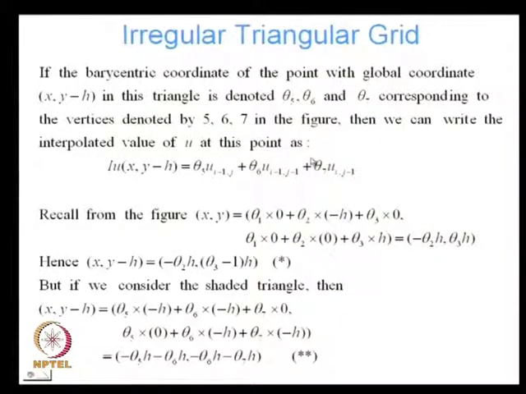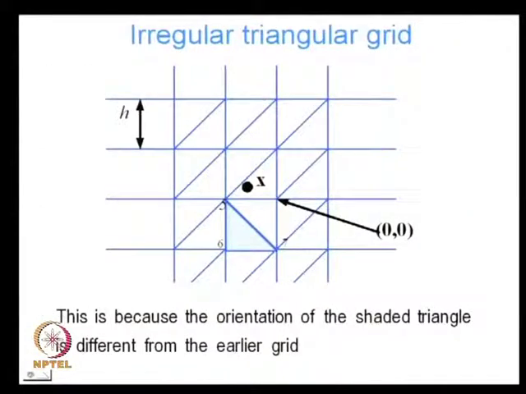If the barycentric coordinate of the point with global coordinate x, y minus h in this triangle is denoted, so what we are saying is that this is the triangle of interest. If we denote these nodes as 5, 6 and 7, then x, y minus h lies somewhere here.